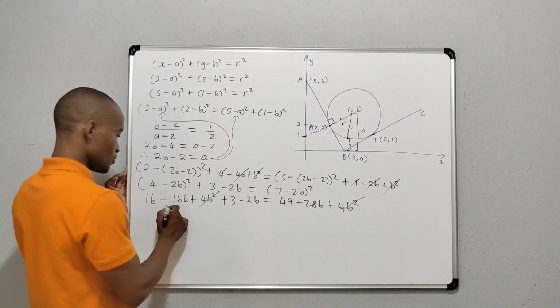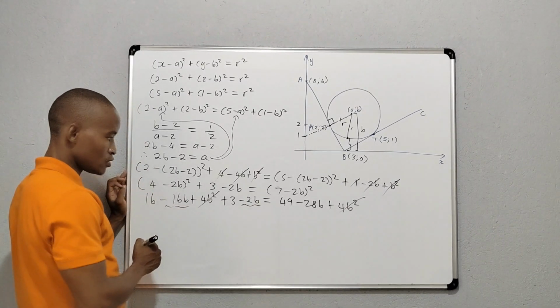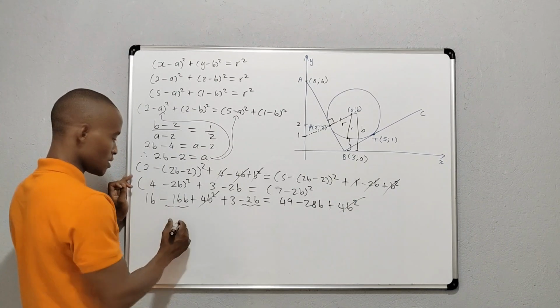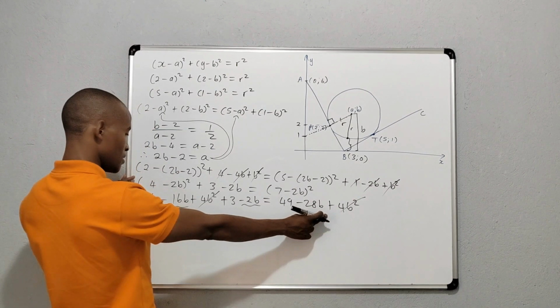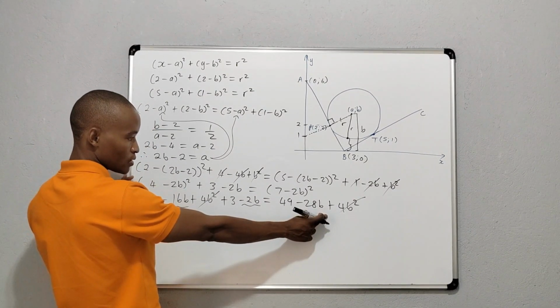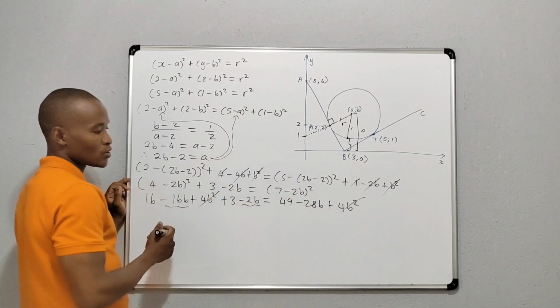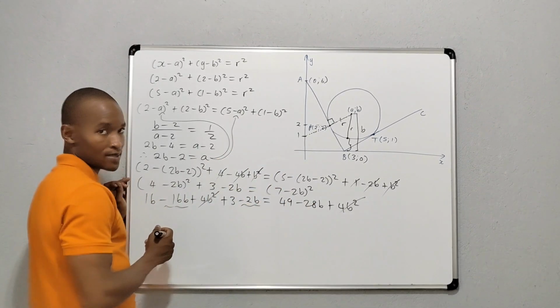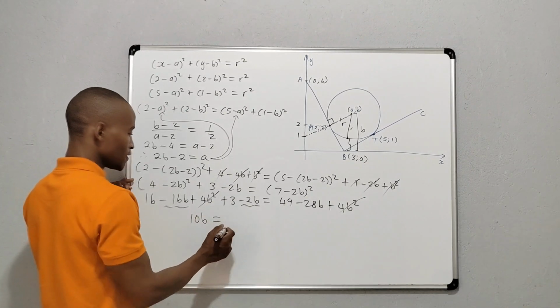Okay, so minus 16b minus 2b is minus 18b, and we have that side minus 28b when it comes over. So we have 28 minus 18 giving us 10b this side.